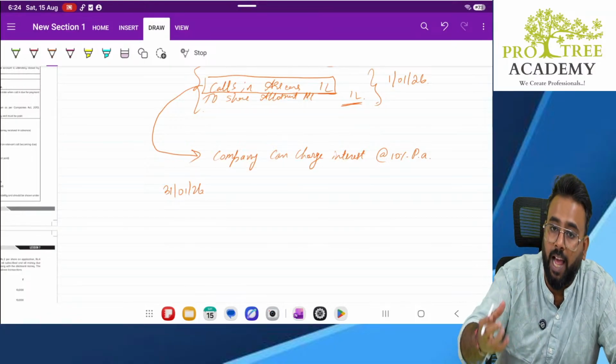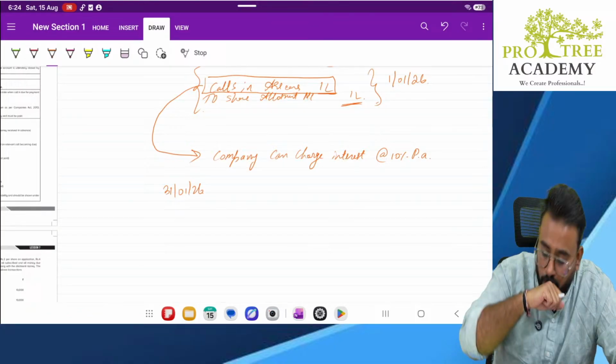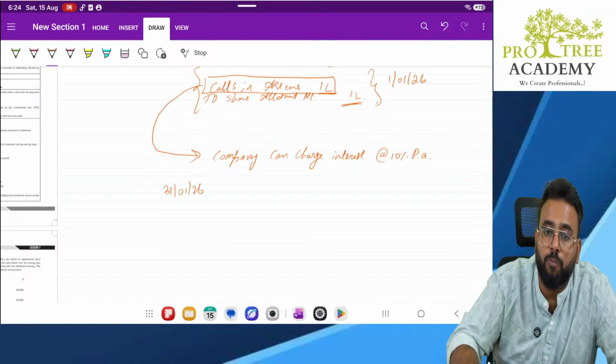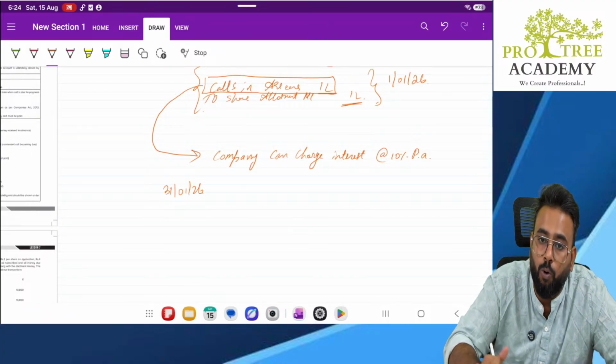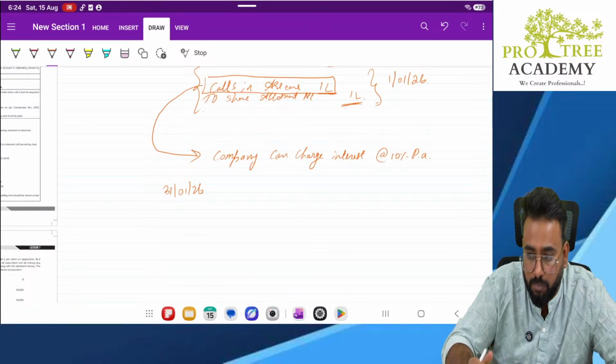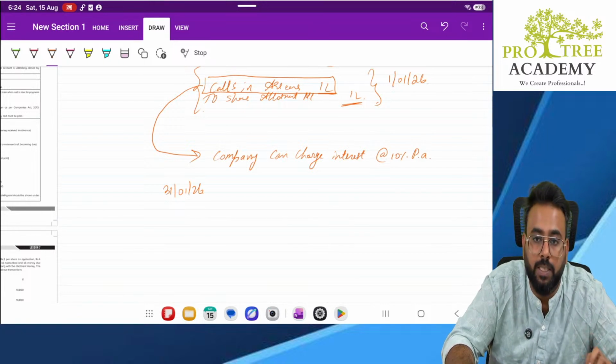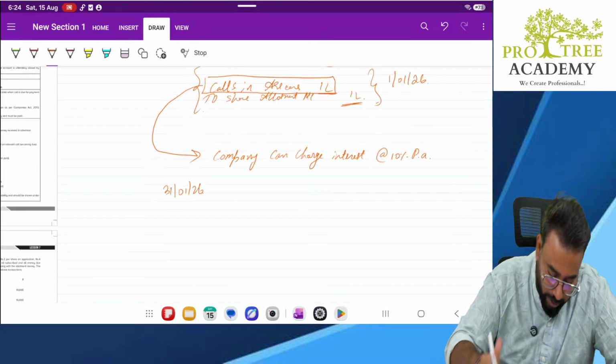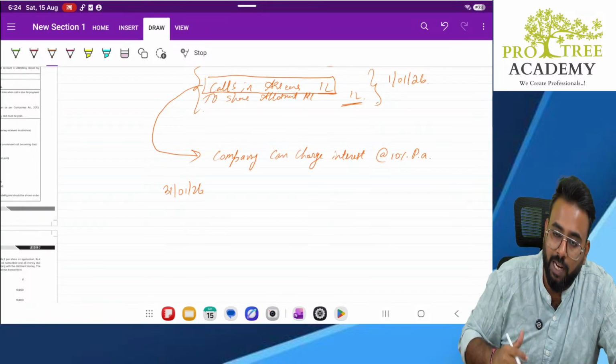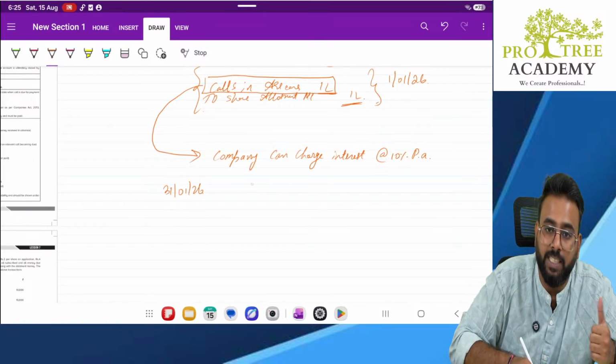From whom am I going to collect the interest? I am going to collect it from the owners of the shares. Those owners are also called members. So when the interest becomes collectible, what entry will I pass? Interest is an income, correct?